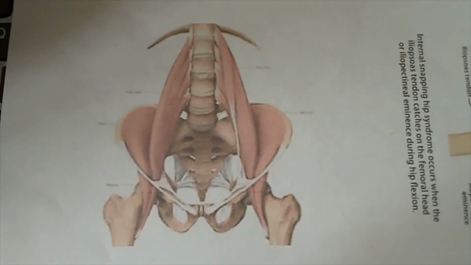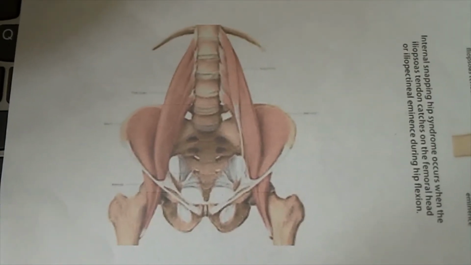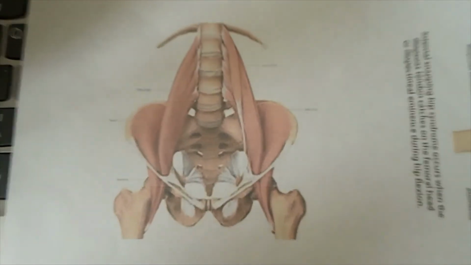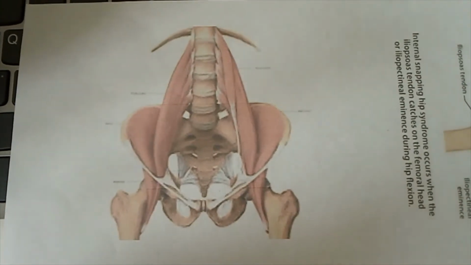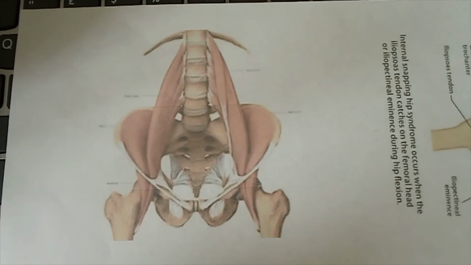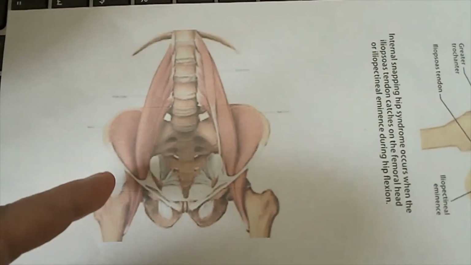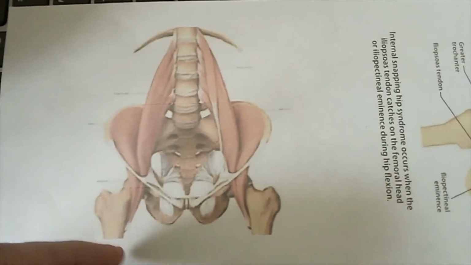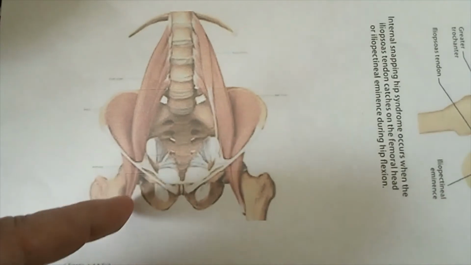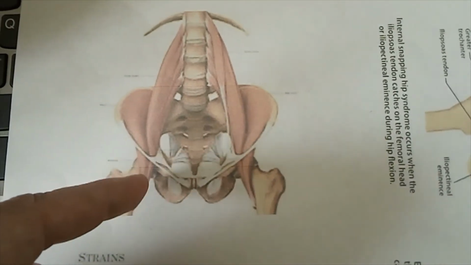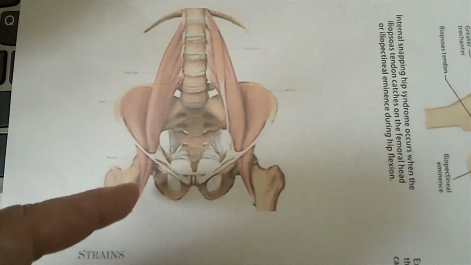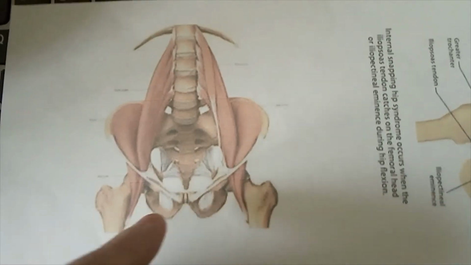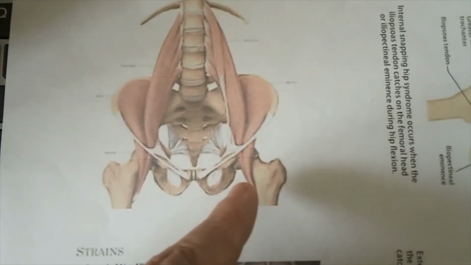Okay, so if we look at the hip flexor muscles, the two main hip flexors are the iliacus, which lies between the pelvis and the thigh bone, and sometimes the iliopsoas on both sides.